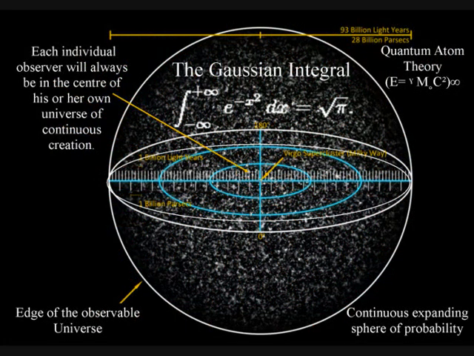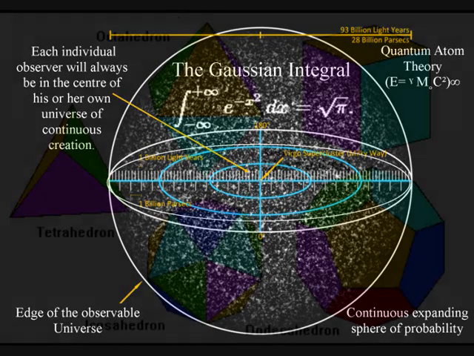In this way, an infinite universe fits within a finite sphere, as long as the sphere is expanding continuously in space and time as an infinity of possibilities that can be represented mathematically as the square root of the continuous irrational number pi.